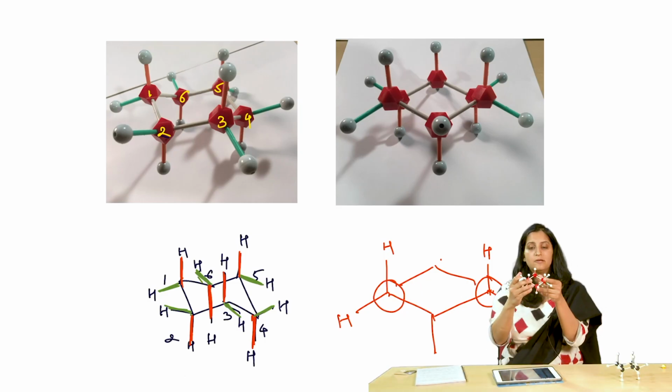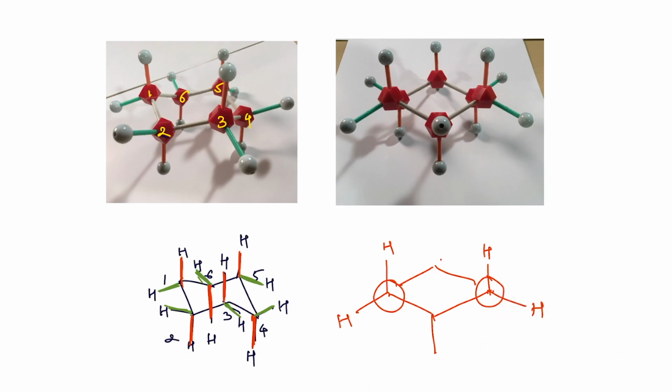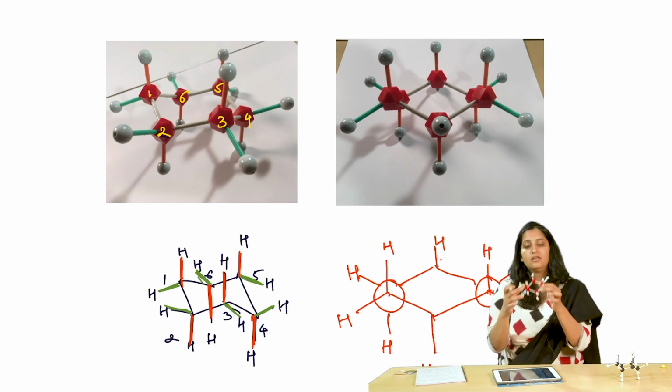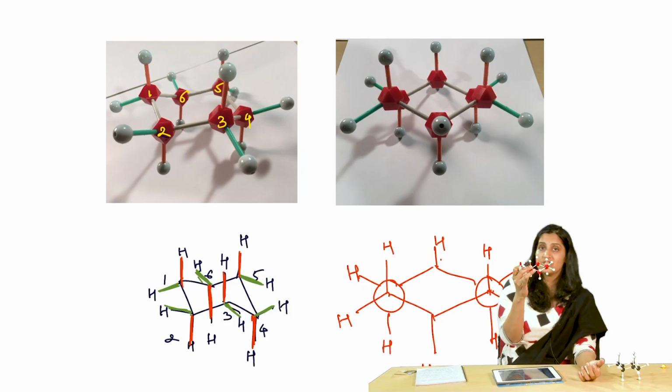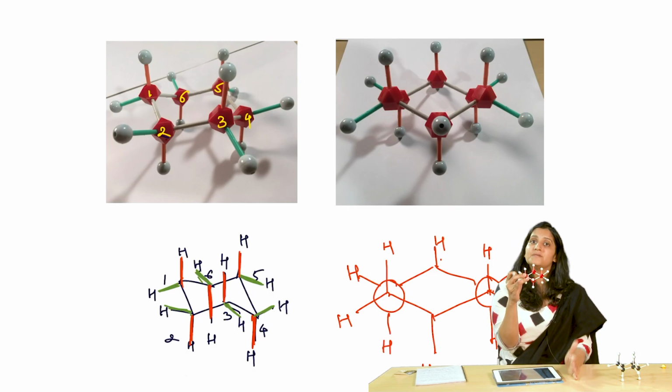Remember, I am only able to see just the 4 carbons because these 4 are eclipsing with each other. You cannot see two of these back carbons, right. As you can see in this particular conformation, which is the chair conformation, there are no interactions such that at any time the 2 hydrogens or the 2 carbon-hydrogen bonds are eclipsing with each other.